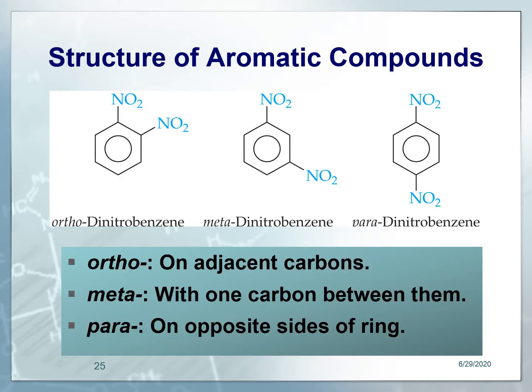Nomenclature for aromatic compounds is dependent on the position of atoms or molecules attached to the compound, as shown here. Ortho means on adjacent carbons. Meta, with one carbon between them. And para, on opposite sides of the ring.